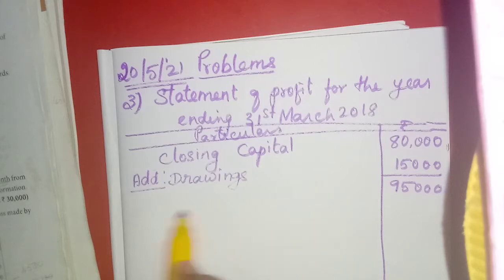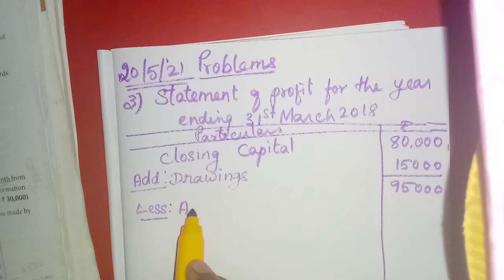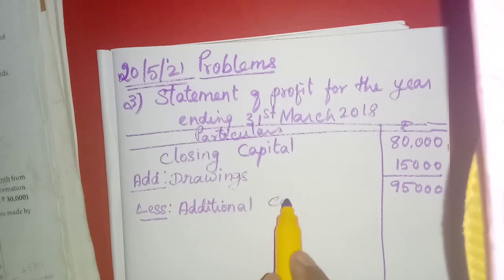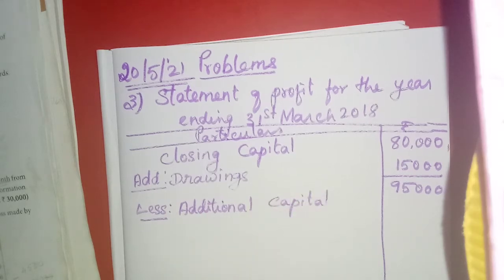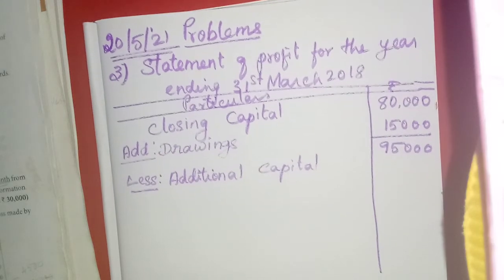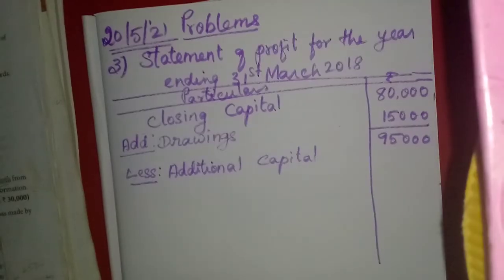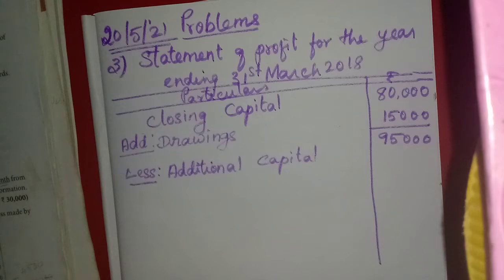Then less additional capital. This is enough. Okay, only additional capital. There they might have written everything, fully the additional capital introduced during the year. No need to write. This much is enough.